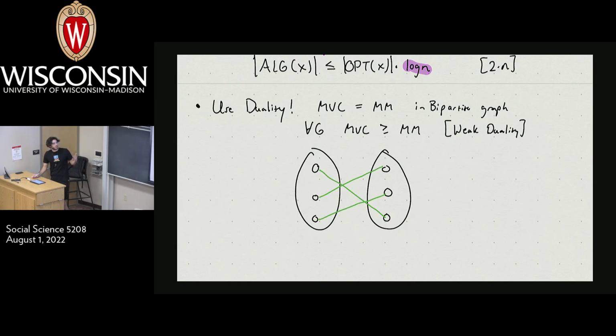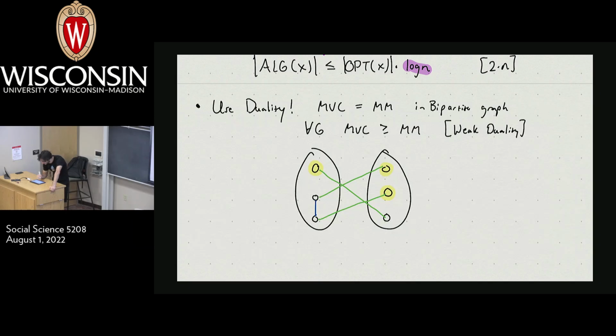And because it's a matching, we know each of these edges don't share an endpoint. And so if they don't share an endpoint, we have to separately pick at least one node touching any matching edge to put in the cover. So for example, what I have highlighted there would be a vertex cover for a bipartite graph.